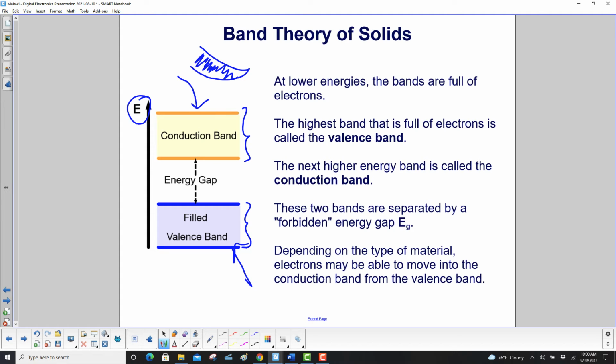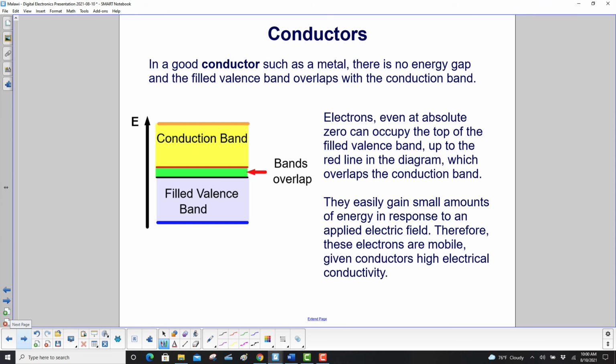Depending on the type of material, electrons may be able to move into the conduction band from the valence band. In a good conductor, such as a metal, there is no energy gap, and the filled valence band overlaps with the conduction band that comes down here. And the overlap between the bands is shown in that green color.